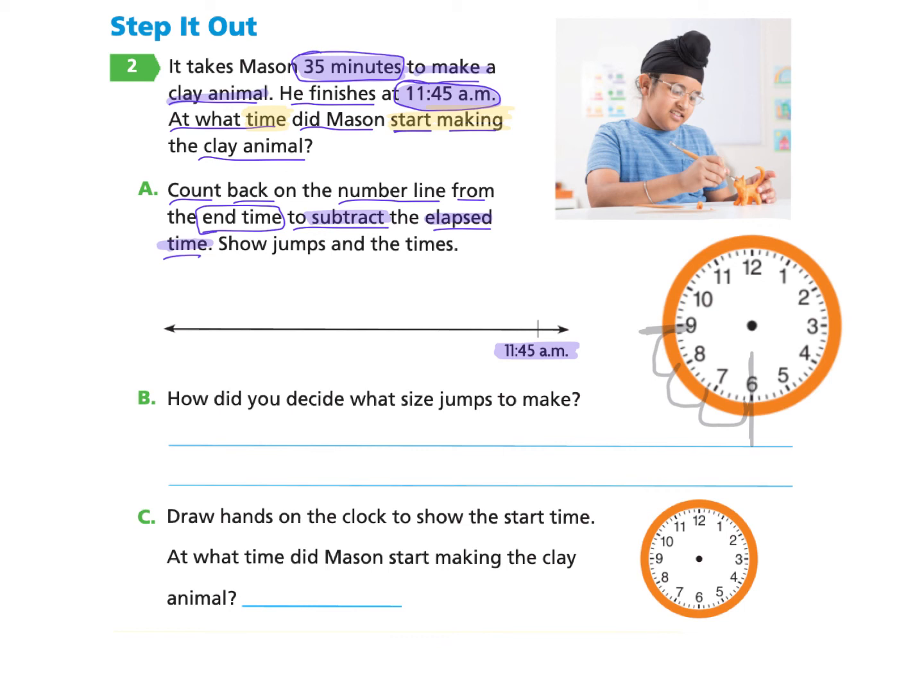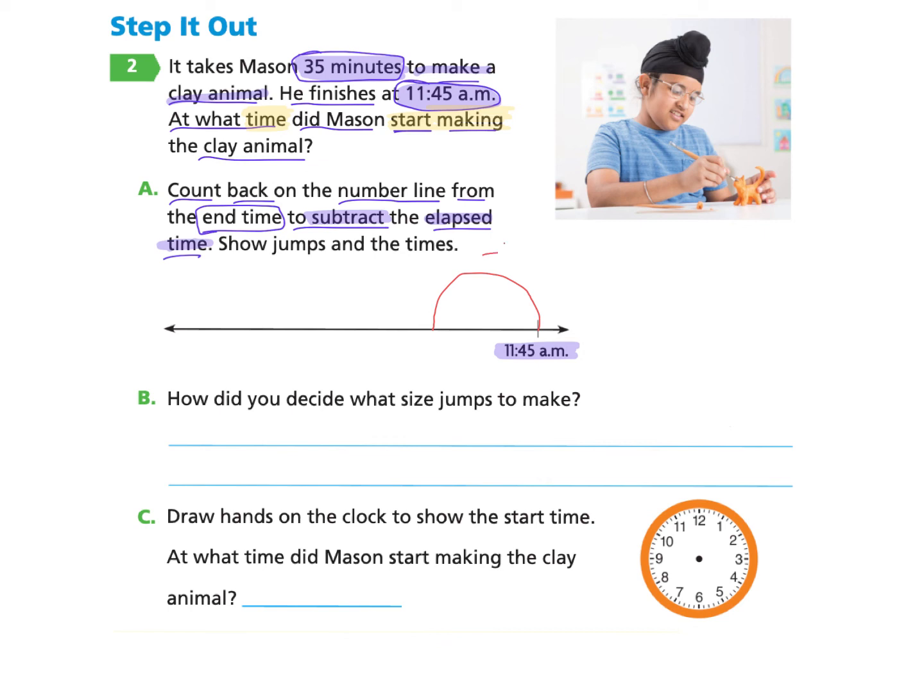And this really helps me to compute and use those compatible numbers on a clock. So I will start by taking away 15 minutes from the end time, and when I take 15 minutes away from 11:45, my new time will be 11:30 a.m.